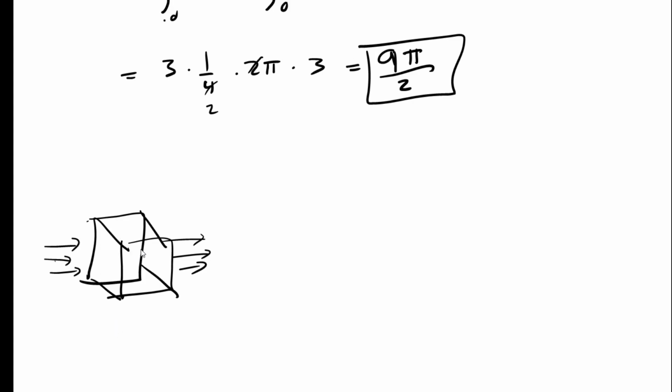So then you'd only have to integrate over 2 sides, and that might make it a little bit simpler, but in general, it's not going to be that simple. It's usually a lot easier to just integrate the divergence over the whole domain.